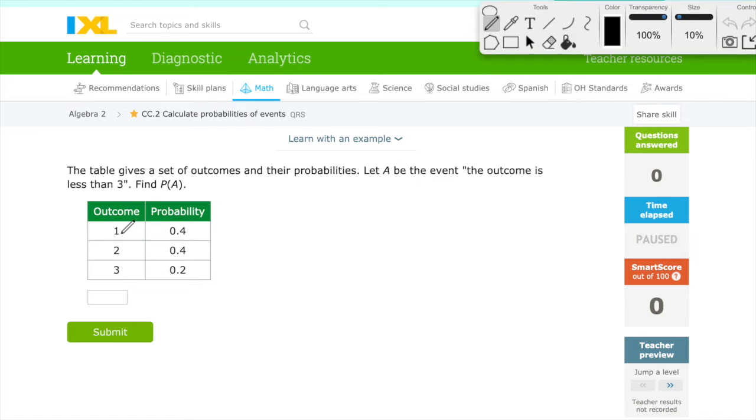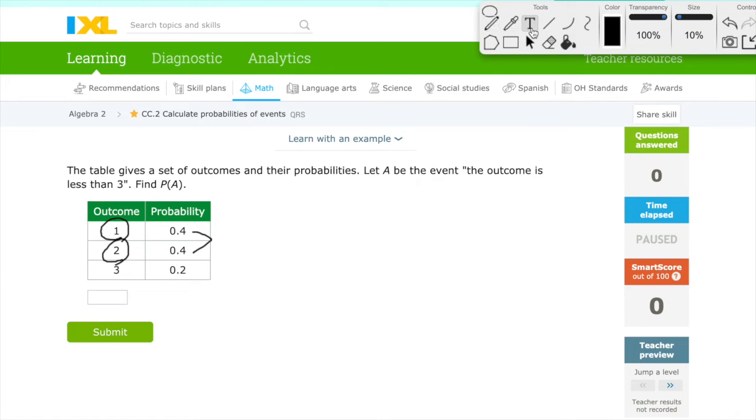So if we look at our options here, well, let's start at the top, I guess. 1 is less than 3, so we're going to use this one. 2, that's less than 3, so we're going to use that. However, 3 is not less than 3, they're equal, so we're not going to use this one. So we're going to add just these two things together. If we were using this, we'd also add that in.